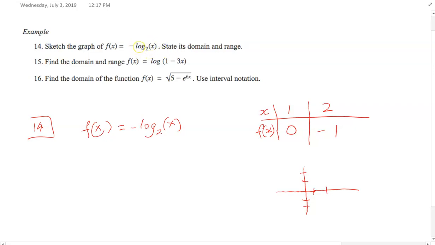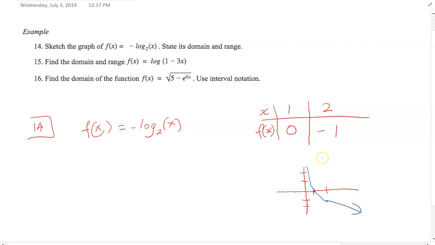So for negative log of 2x, we would have the points passing through (1, 0), and using 2, plugging that into f of x, we have (2, negative 1), right? So the graph would pass through these points.